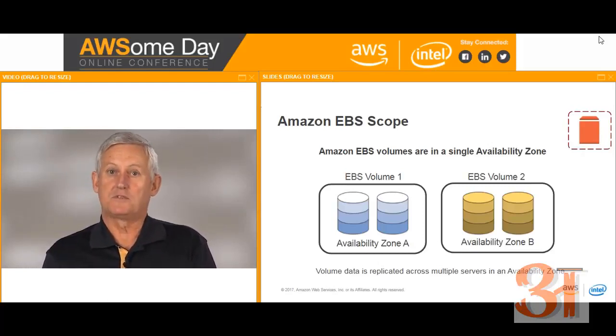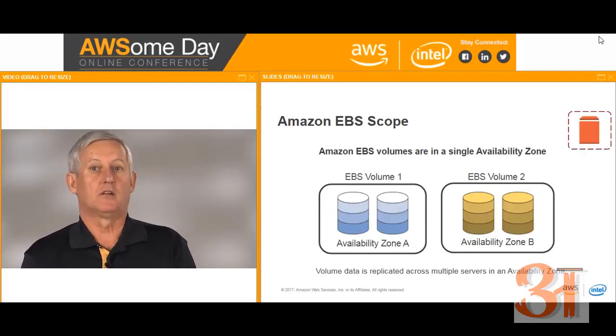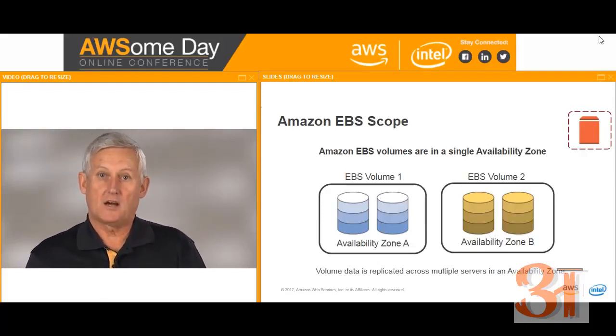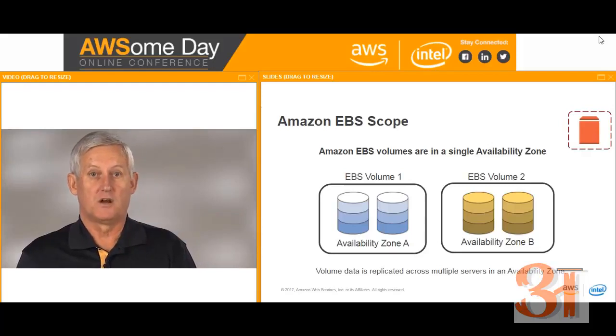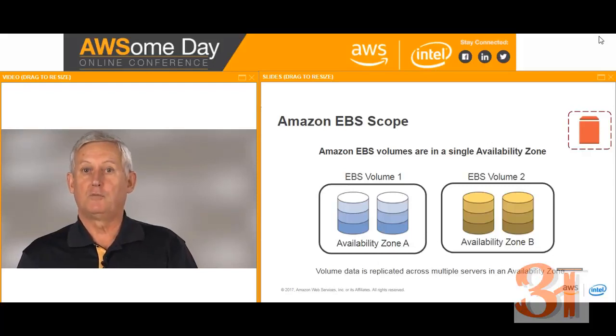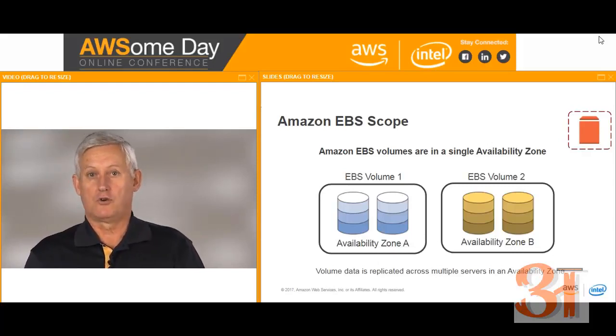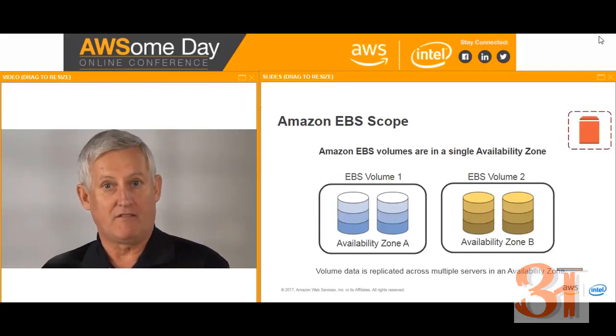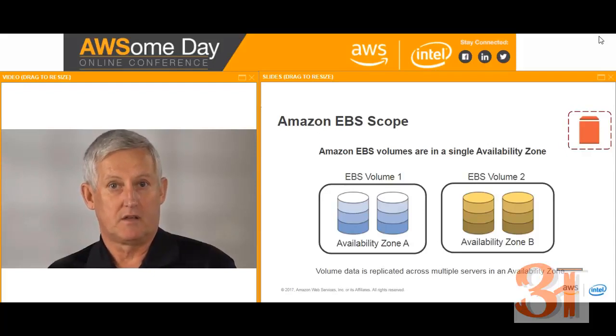Because EBS volumes are replicated within a single availability zone, establishing mirroring of data across multiple EBS volumes from within your EC2 instance's operating system will not significantly improve volume durability and is therefore not required. EBS volumes must be in the same availability zone as an instance to enable attachment.